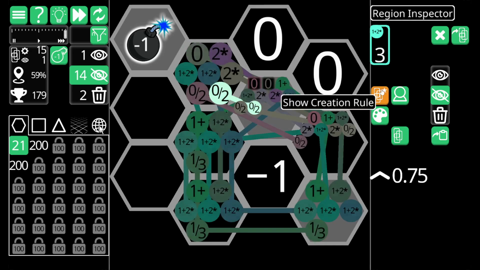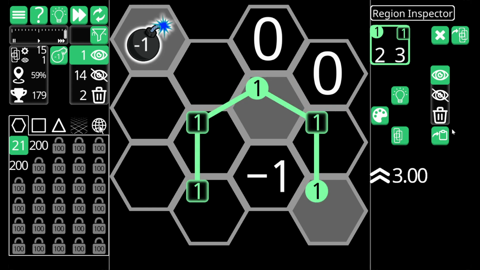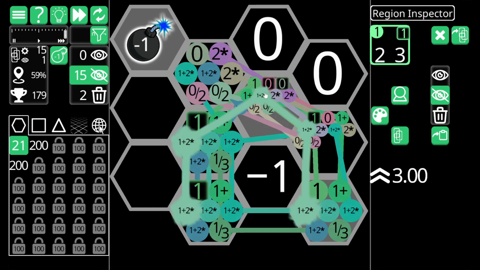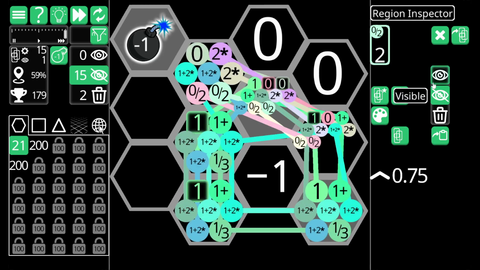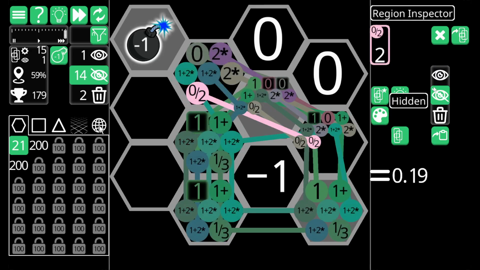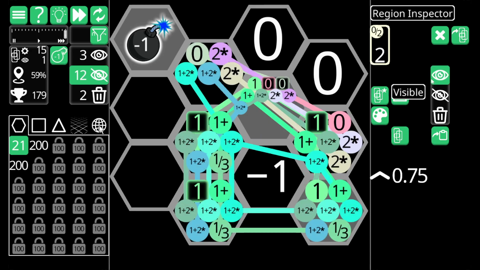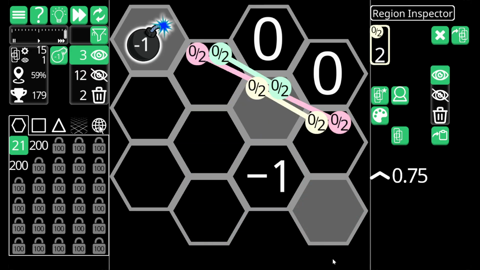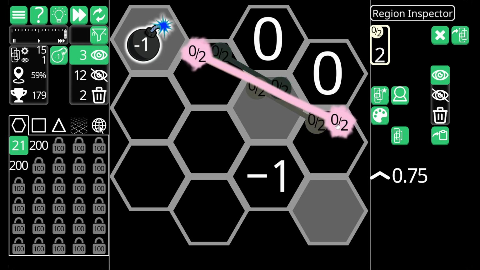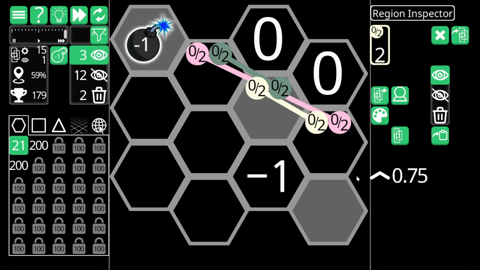There's actually something kind of interesting going on with these 0 or 2s, isn't there? It's basically saying either all of these 3 are empty or they're all full.